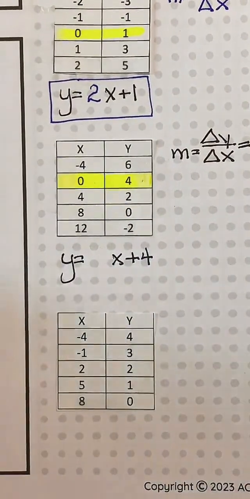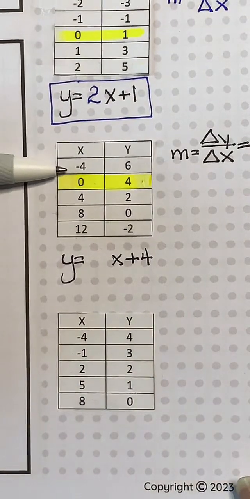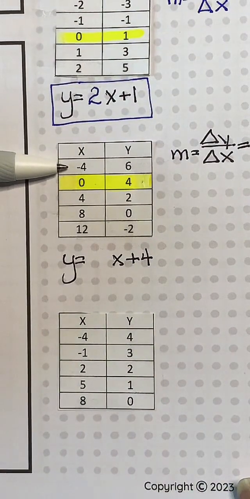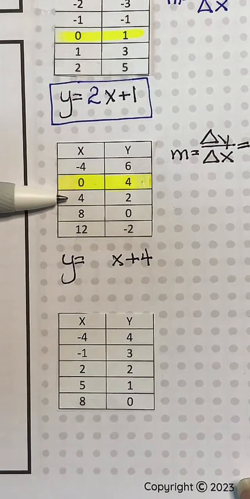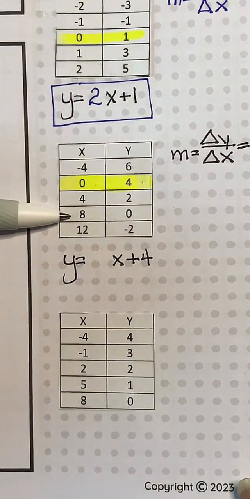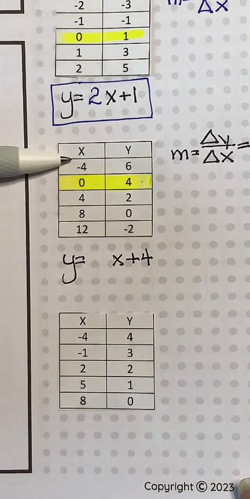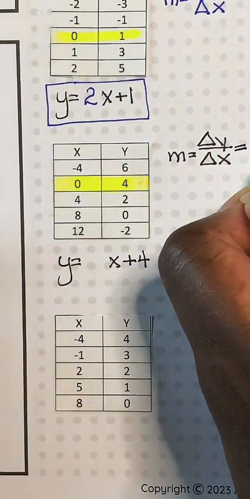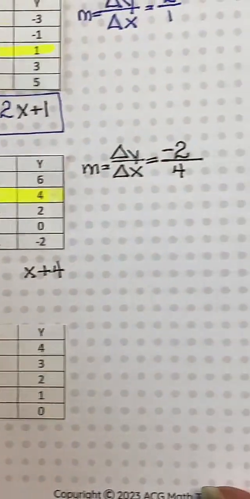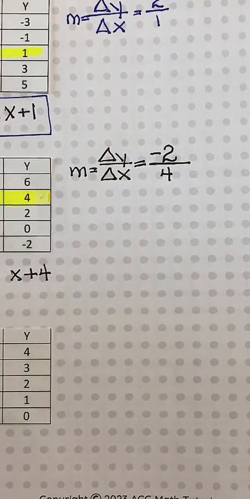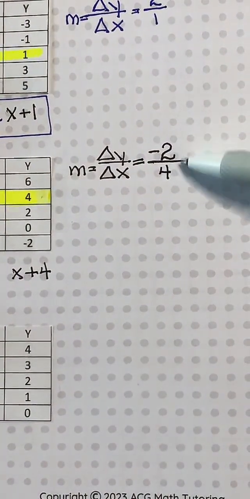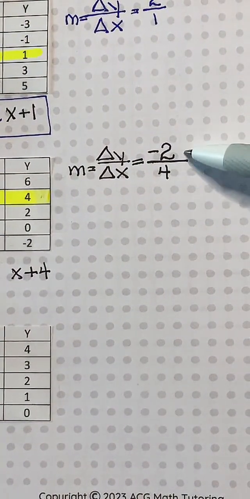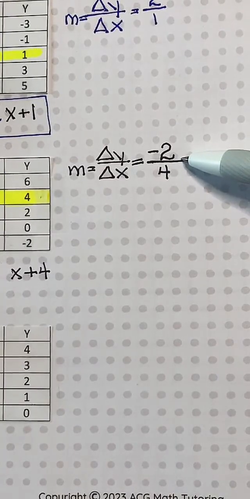Now, looking at my x's, from -4 to 0, 0 to 4, 4 to 8, 8 to 12, it's adding 4. So it's increasing 4. So it's a positive 4. Let me slide that over so y'all can see. All right. So now that means we're going to have a negative slope, but this can be reduced.